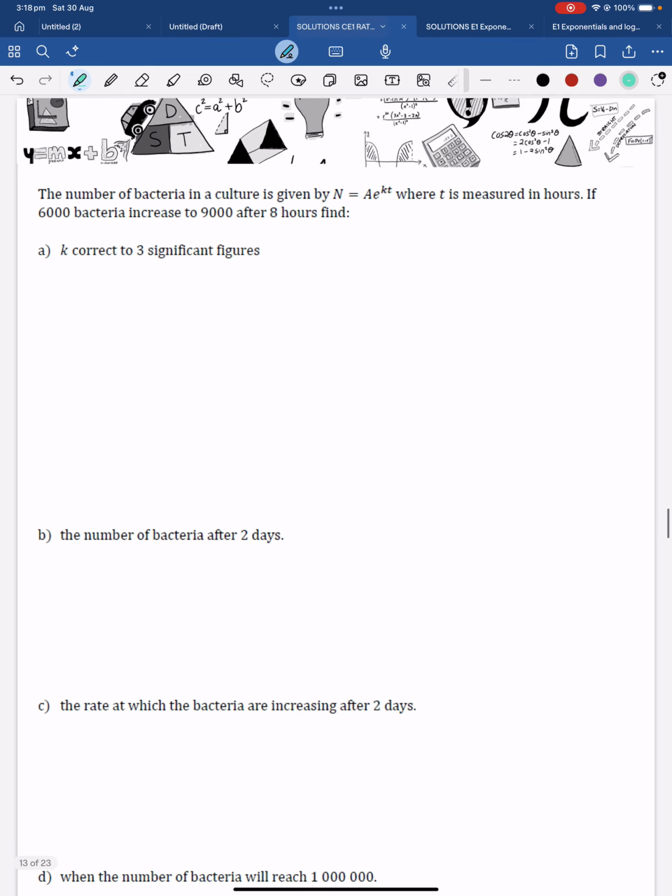The first one here says the number of bacteria in a culture is given by that formula, where t is measured in hours. If 6,000 bacteria increase to 9,000 after 8 hours, find k. All right, so A is the initial amount, 6,000.